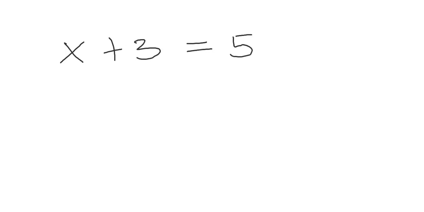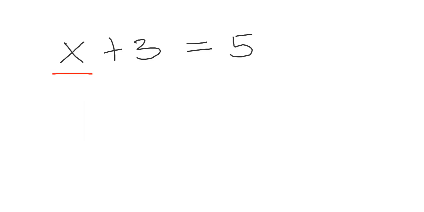Our variable in this expression is x. Now, to solve this expression means to find how much is the value of that x. So basically, that's what it means to solve an algebraic expression. I say it is to find the value of the variable in that expression.